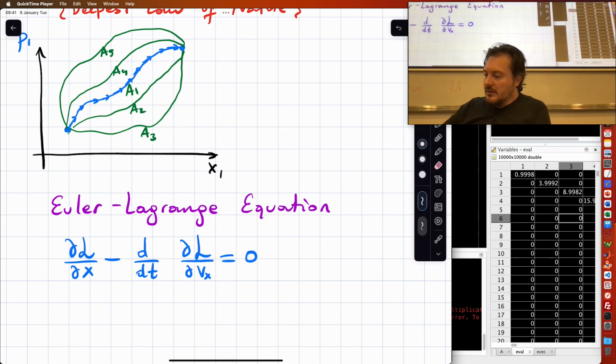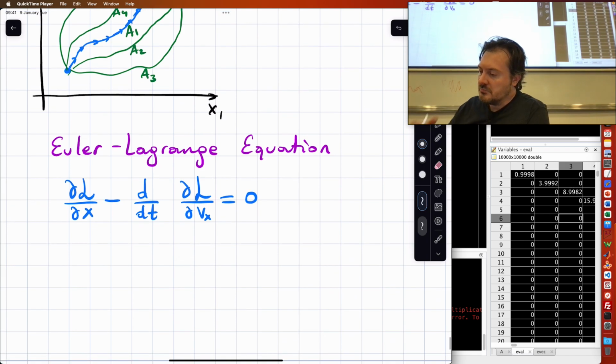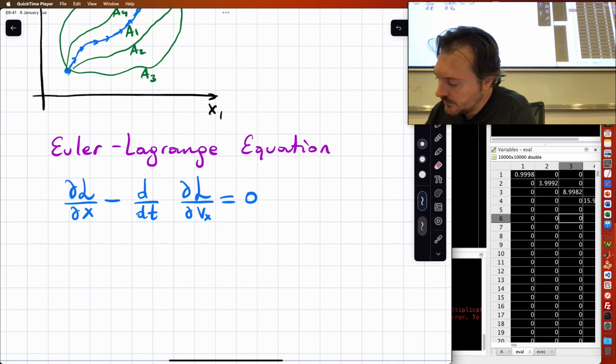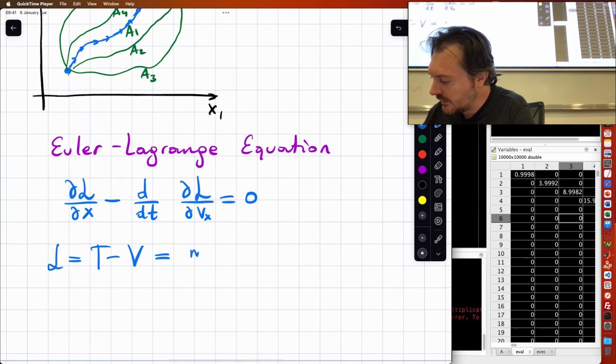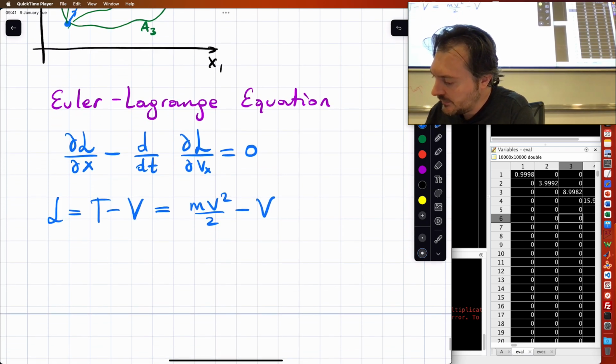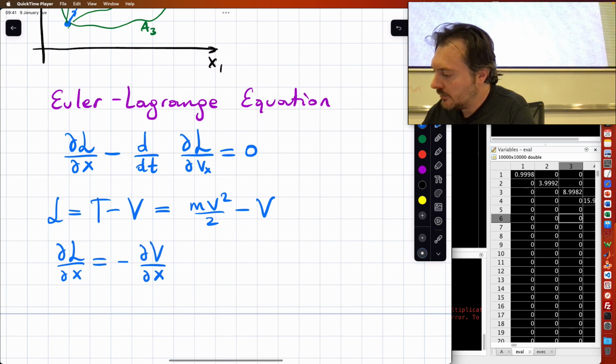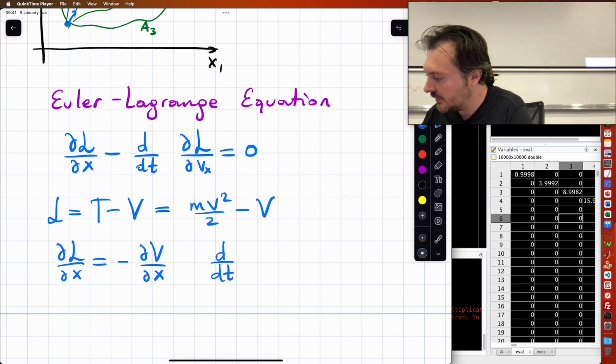Okay, let's apply it to just a single particle moving along. So what is the Lagrangian? Kinetic minus the potential. What is kinetic energy? mv squared over 2, minus the potential. So what is del L over del x? It's negative del V over del x. Don't worry, it will come back. What is d over dt of del L over del vx?